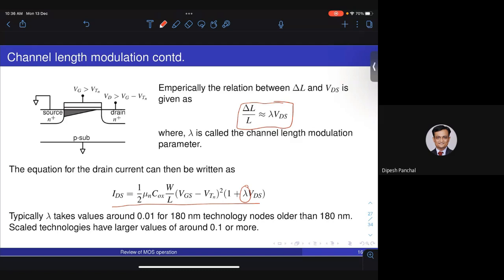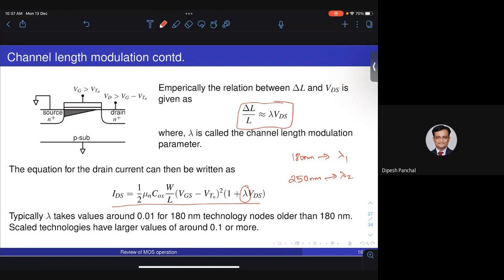Lambda itself will be a function of L. For example, even in a 180 nanometer process, if you are using a transistor of 180 nanometer, which is the smallest possible transistor, it will have a certain value of lambda. If you use a transistor of 250 nanometer channel length in the same process technology, it will have a different value of lambda. So you have to find the value of lambda by plotting the drain current characteristic for that particular length, and then use that lambda for that length in your design.